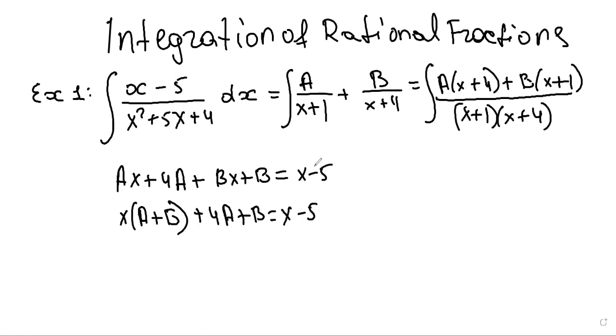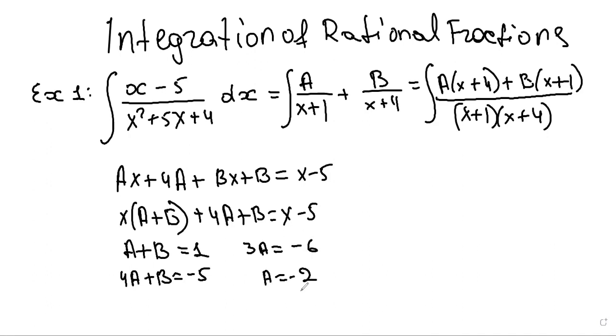The coefficient of x is 1, so a plus b is equal to 1, and the constants give 4a plus b equal to -5. If we subtract these two, we get 3a equal to -6, so a is equal to -2.